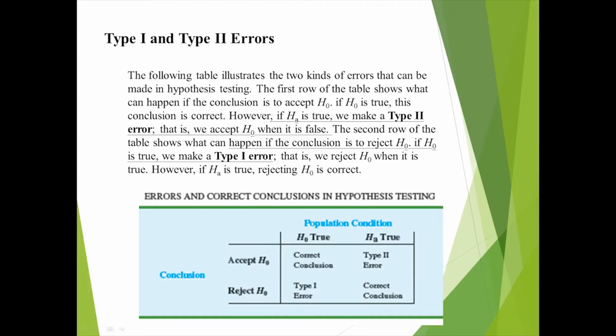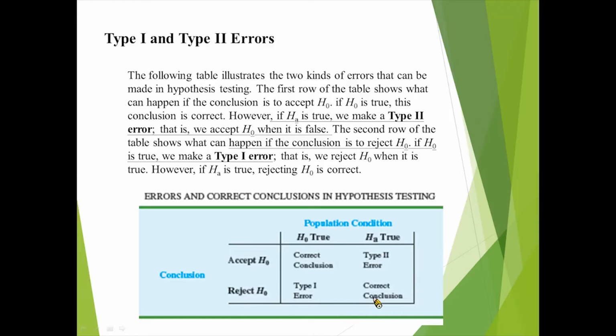So this is the table we can see. You can see the population condition and the conclusion. So you can see when we accept H0 and H0 is true, this is correct. And when we reject H0, we say HA is true.